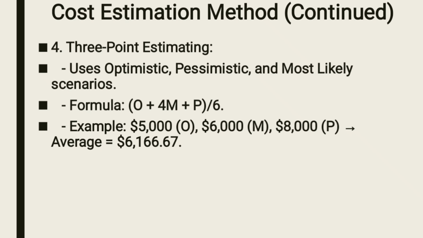It will cost around $6,000, right? Then pessimistic cost. Let's say your project has encountered a lot of challenges. What do you think can be the cost of that particular project, right? Then from there, you punch those numbers into that particular formula. So after calculating, the answer was found to be $6,166.67. Right.